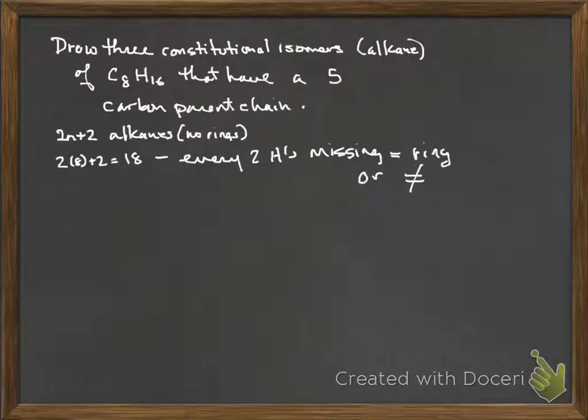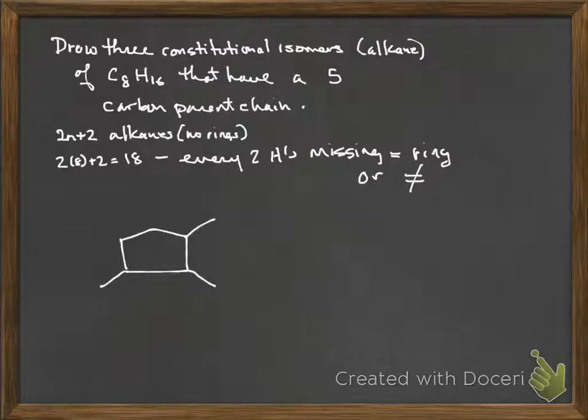So, having said that, we need a 5-carbon parent chain. I guess you can include cyclic parent chains, right? So you could have a 5-carbon ring, and then you could have 3 methyl groups on it. That would be one possibility.